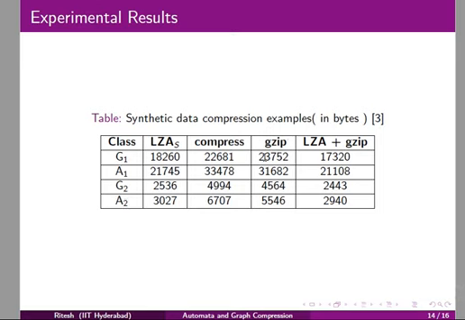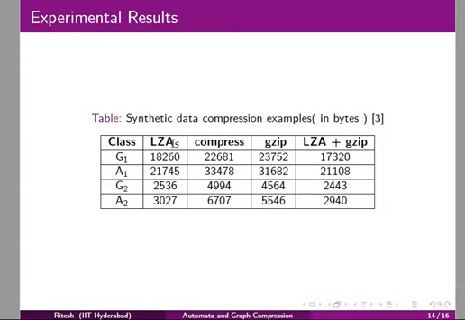And if we compare this, we find LZS is good with G1 as compared to zip and compress, but somehow LZ plus gzip is better than this. But the main advantage of LZS over the existing algorithms is that LZS just compresses the structure, which is sufficient for applications in speech processing and language modeling.